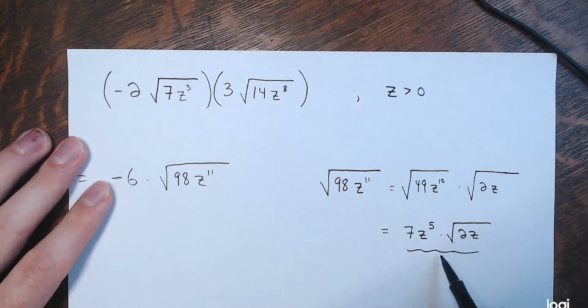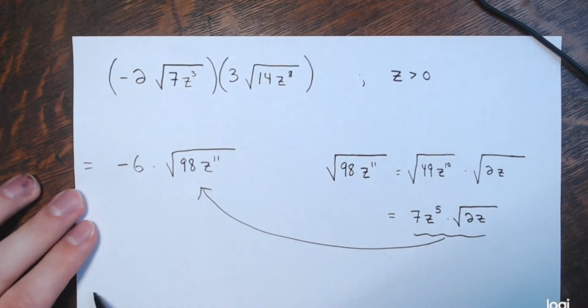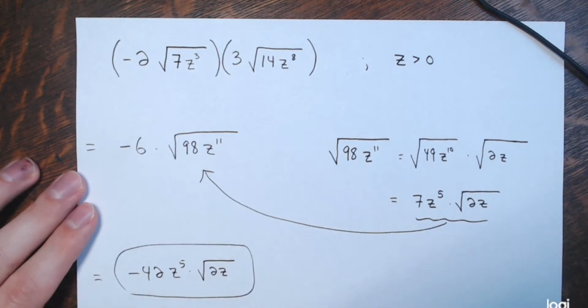Right, once again, this is going here, replacing the square root of 98z to the 11th. And this is being multiplied by negative 6, and negative 6 times 7 is negative 42, right? So at the very end, I end up with negative 42z to the 5th times the square root of 2z. And this is what I'll be entering.